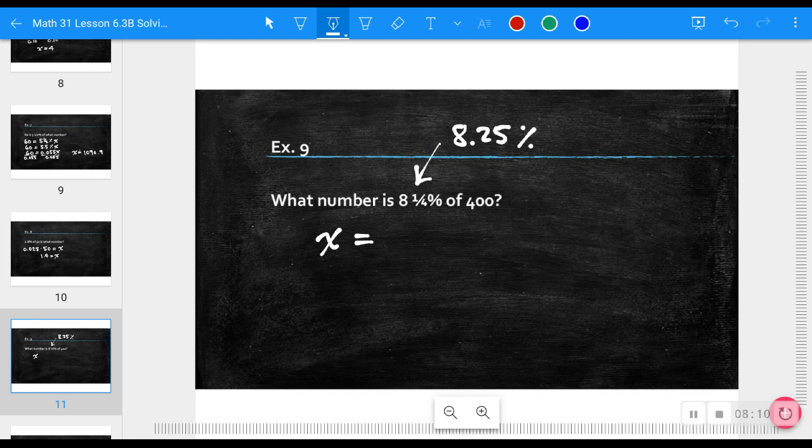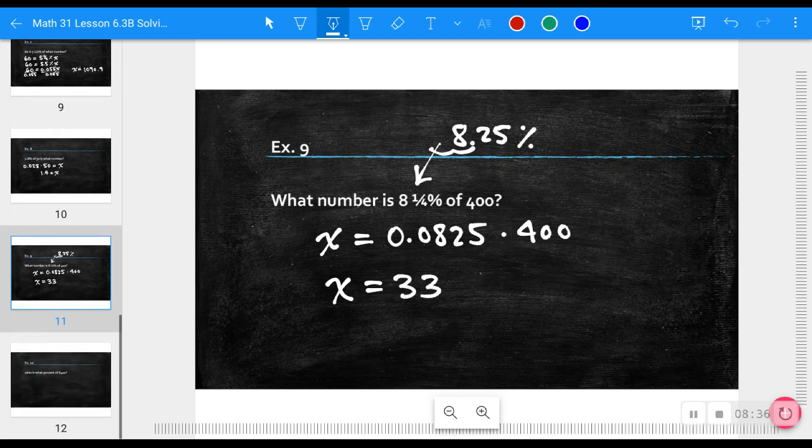Your equal sign is indicated by the word "is", and we have this decimal has to move 2 places to the left, so it's 0.0825 times 400. So when you multiply 0.0825 times 400, you get a value of 33.